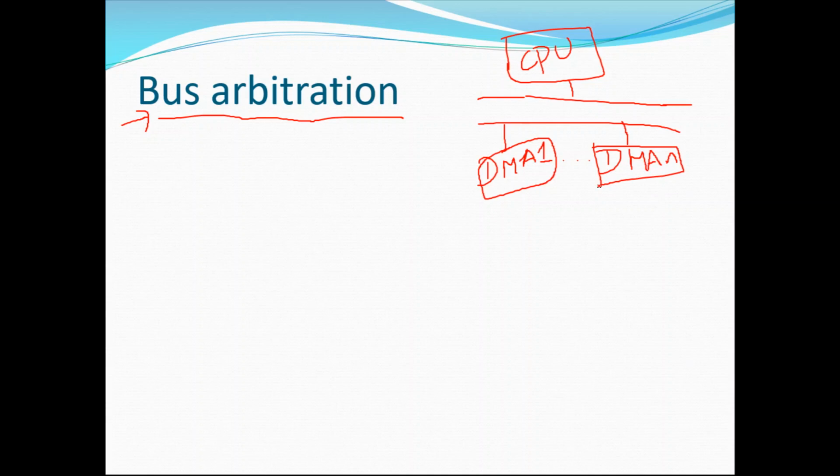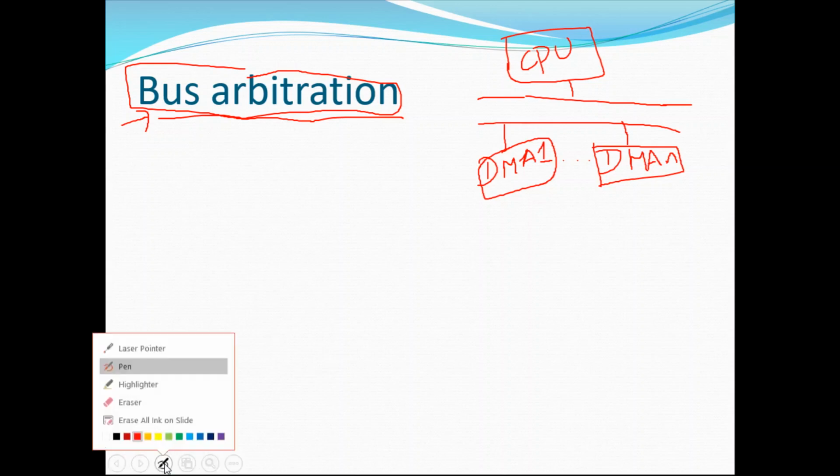How this is going to be done, that concept is called bus arbitration. Multiple devices, or multiple DMA controllers and the CPU, are competing for the bus. At the end of the day, who will get the bus, and by what process that is decided, is called bus arbitration.